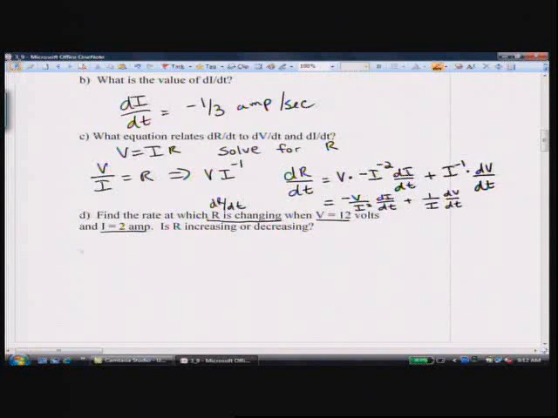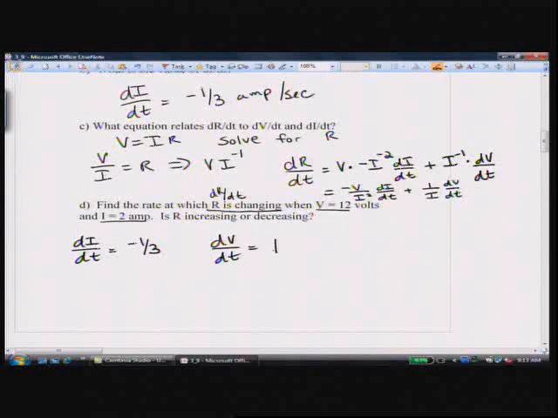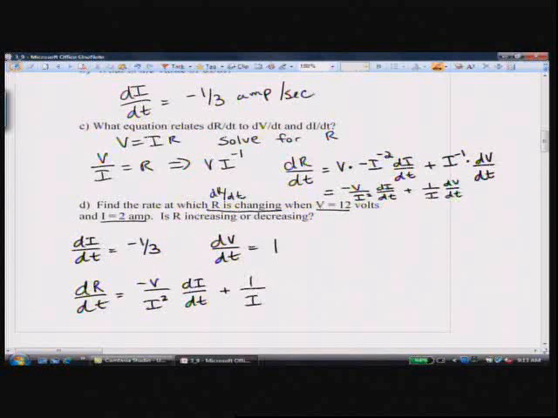Okay? So dI/dt was given to be negative 1/3, and dV/dt was given to be 1 volt per second. So we're just going to take this formula, dR/dt, which is equal to negative V over I squared times dI/dt, plus 1 over I times dV/dt, and put in our different pieces.